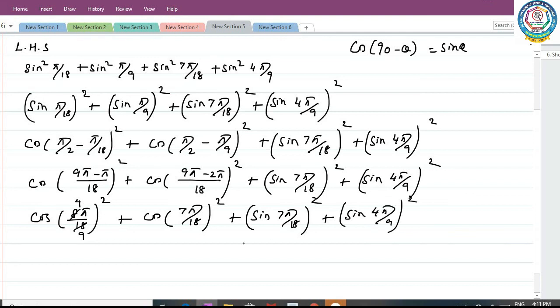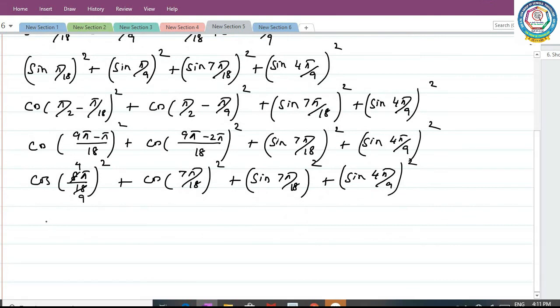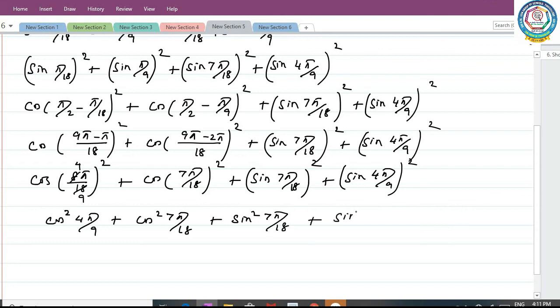Next I take the power inside: cos square 4 pi by 9 plus cos square 7 pi by 18 plus sin square 7 pi by 18 plus sin square 4 pi by 9.